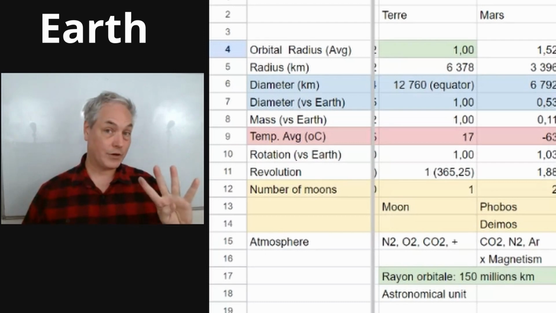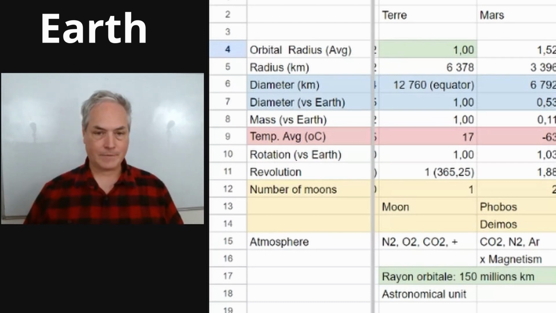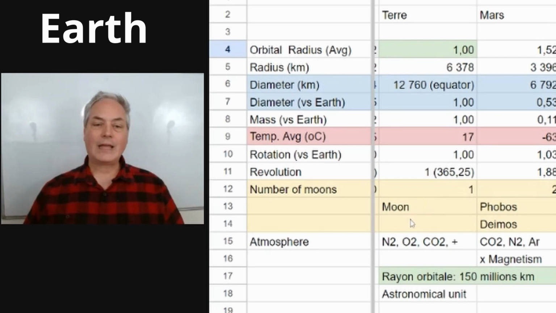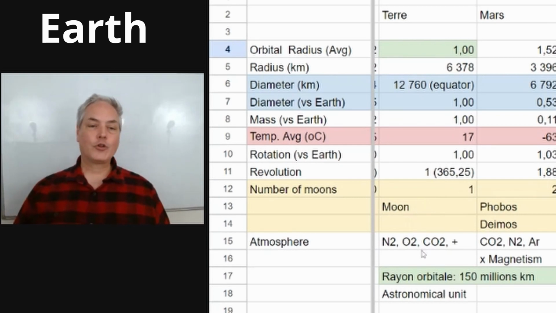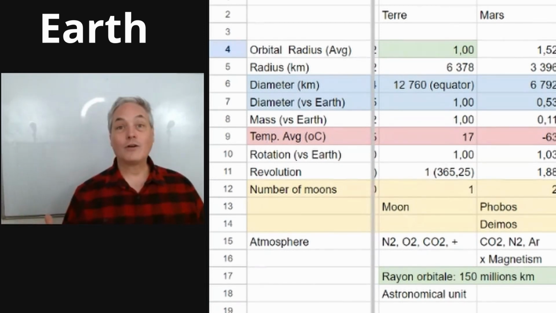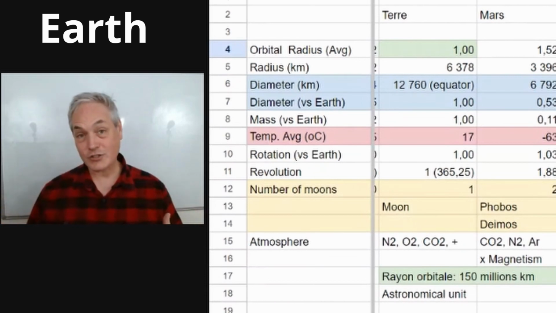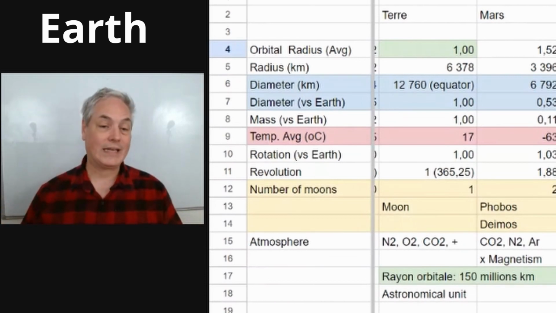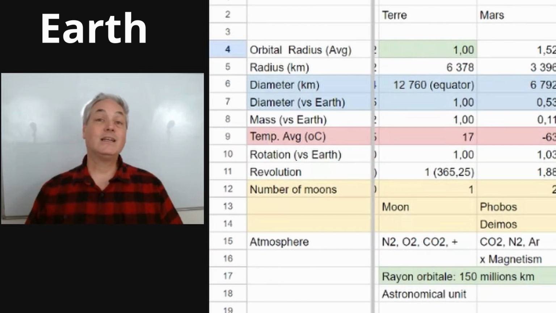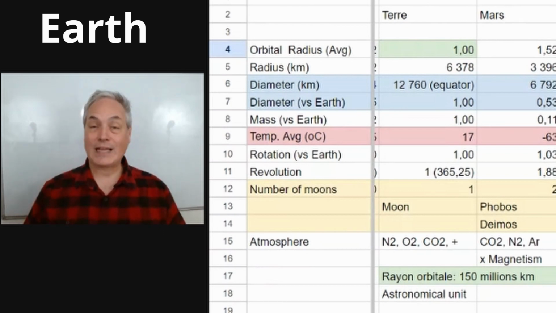And that's why every 4 years we have a leap year. Earth has 1 moon, and the atmosphere on Earth is about 80% nitrogen. We have a lot of oxygen, allowing life to be the way it is right now. And indeed, we have a magnetic field protecting us from the solar wind from the sun, which is exciting.